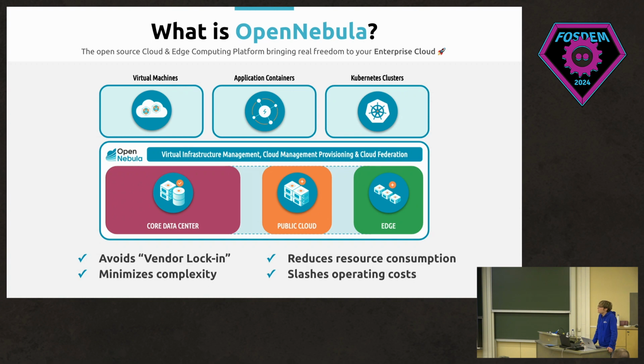But you can deploy not only virtual machines, but also application containers, micro VMs, or even Kubernetes clusters. As I've said before, since it's open source and oriented to provide true flexibility to the cloud, OpenNebula avoids vendor lock-in, so you can migrate your workloads between different providers in a very, very easy way.